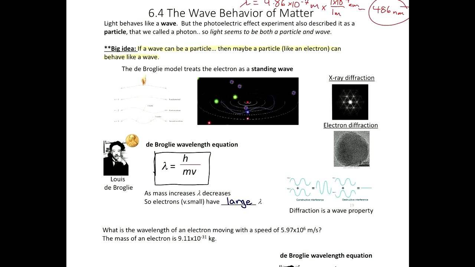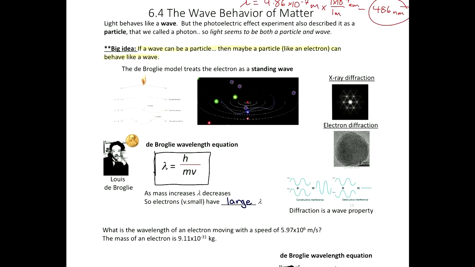If a wave can be a particle, maybe a particle can be a wave. That's what Louis de Broglie said. He actually said this in his PhD thesis, so he was just a grad student at the time. He proposed the idea that if light, a wave, can be a particle, maybe a particle could be a wave, and he ended up being right.